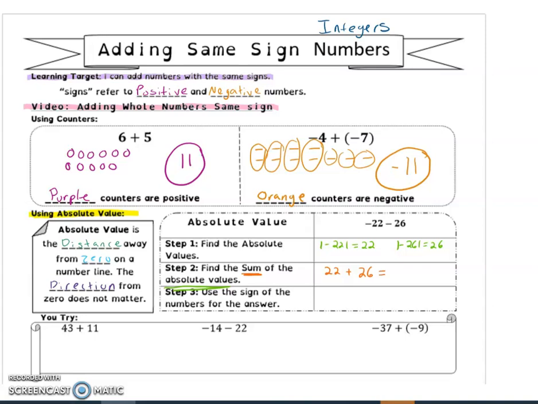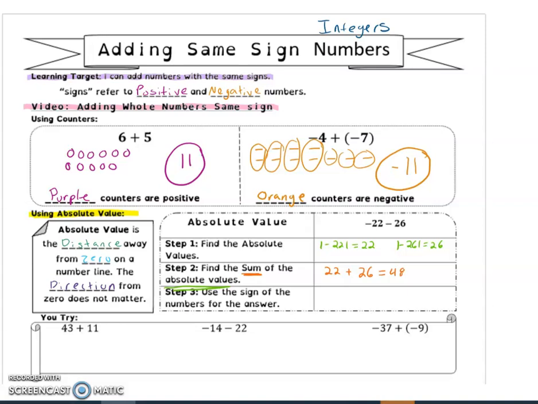Well, 22 plus 26 is what? Take a second and think about it. You should get 48.